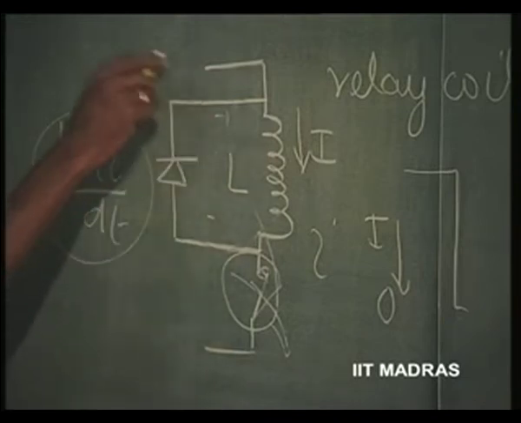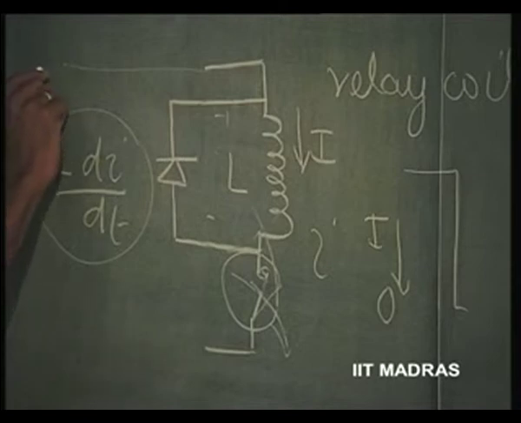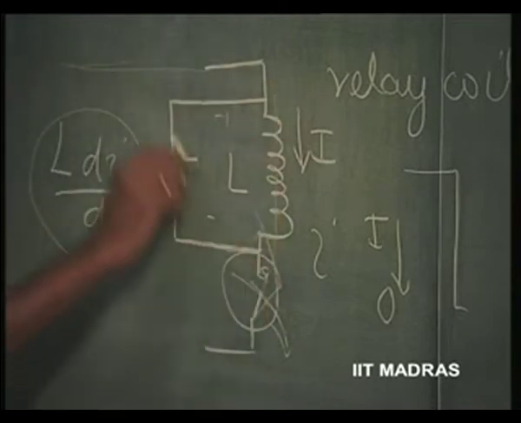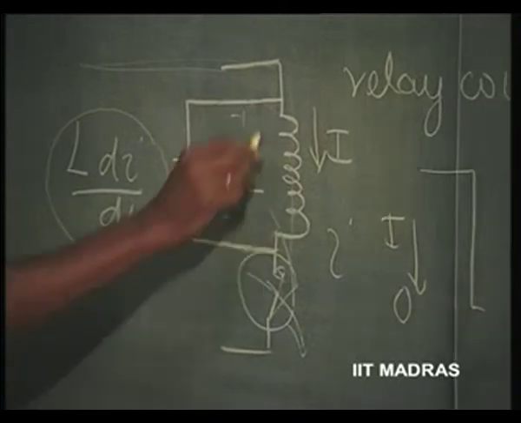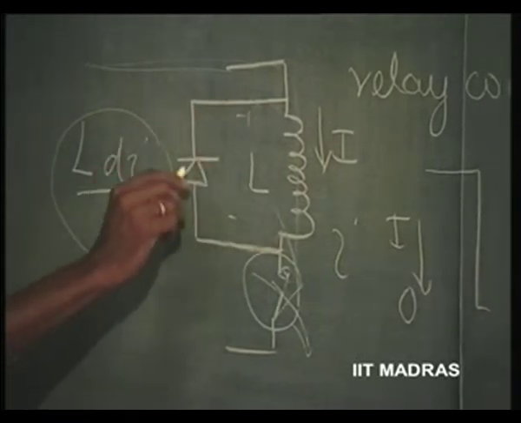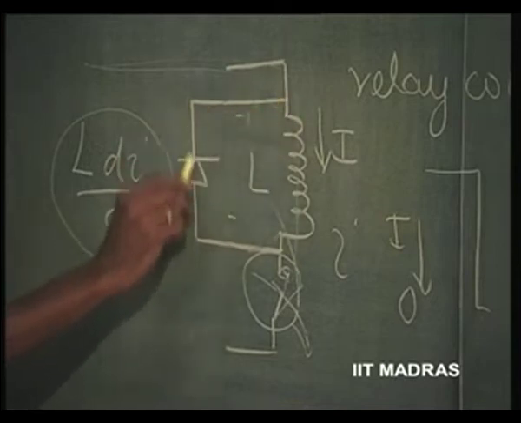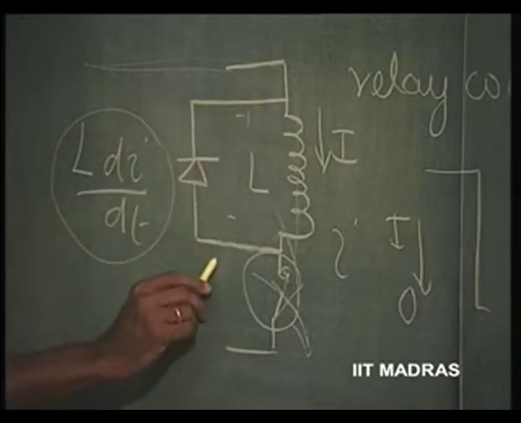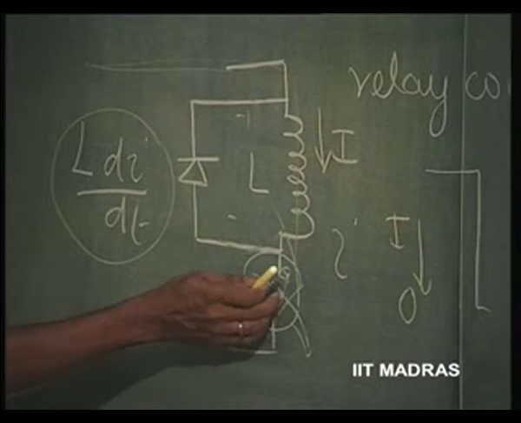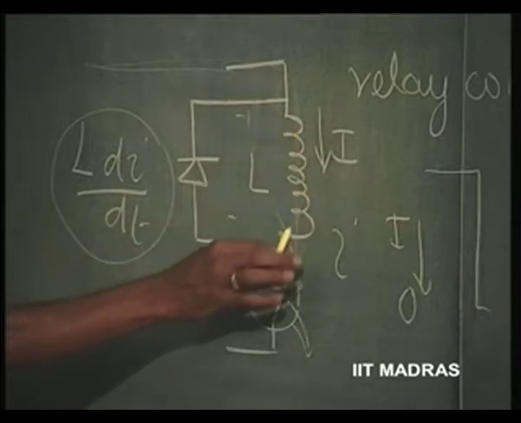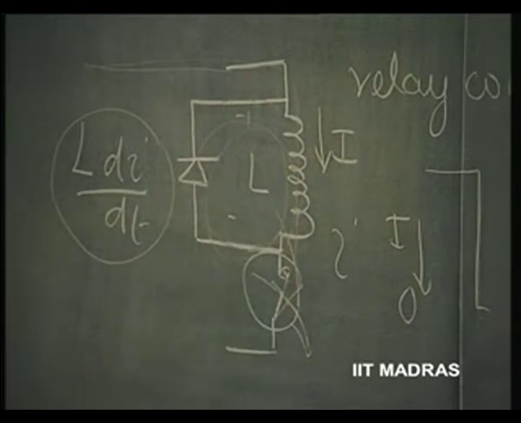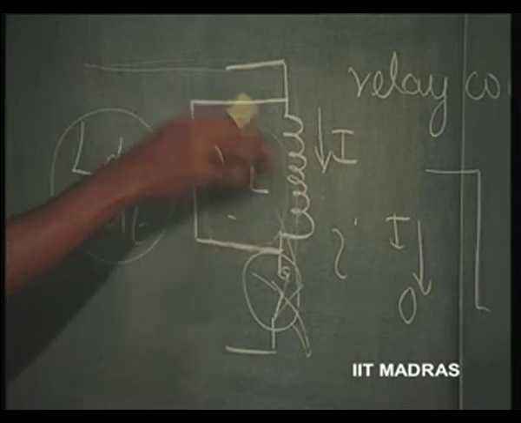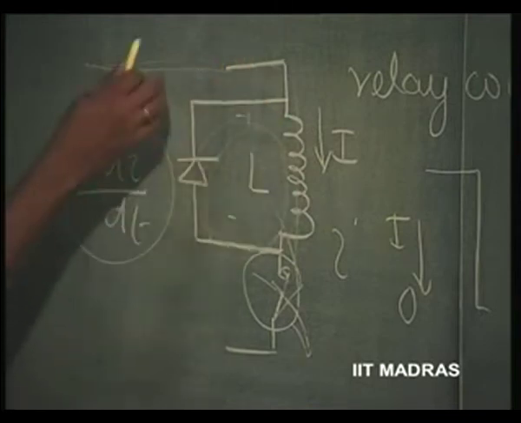Earlier, when the current is injected through this, the current through the diode is 0 because the diode is reverse biased. So, the current cannot flow through the diode in this direction. But the moment the switch is opened, the inductive current can now flow through the diode like this. It will flow through the diode until the entire energy gets dissipated in this circuit itself.